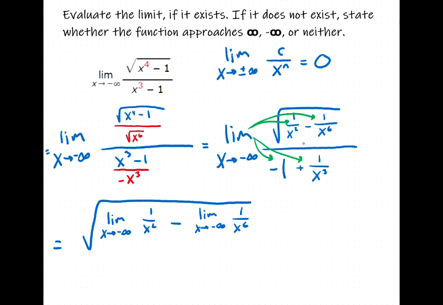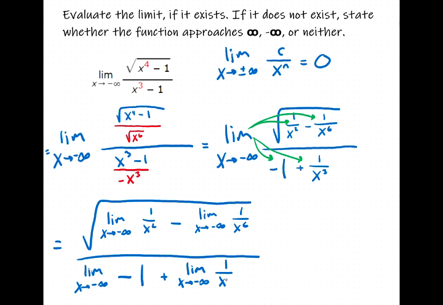So we've taken the numerator of the fraction and applied the properties of limits to move the limit inside of the radical and apply it term by term. And on the bottom, we have the limit as x approaches negative infinity of negative 1 plus the limit as x approaches negative infinity of 1 over x to the third power.